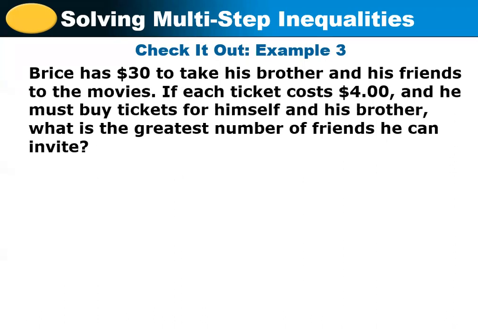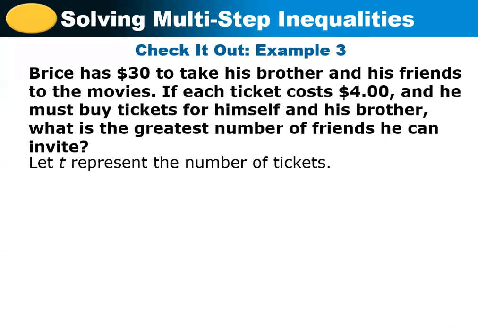So let's say, let T represent the number of tickets. 8 plus 4T less than or equal to 30. Why? Because each ticket costs $4, so you put 4T, and he must buy tickets for himself and his brother.